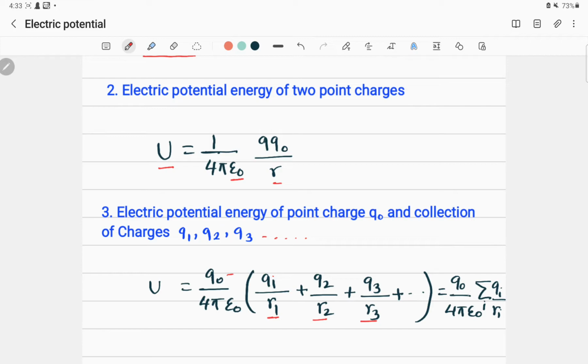Or we can write this equation in this form: Q0 divided by 4 pi epsilon naught, summation over i of Qi divided by ri.